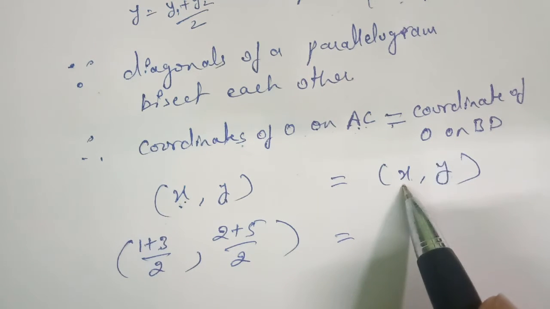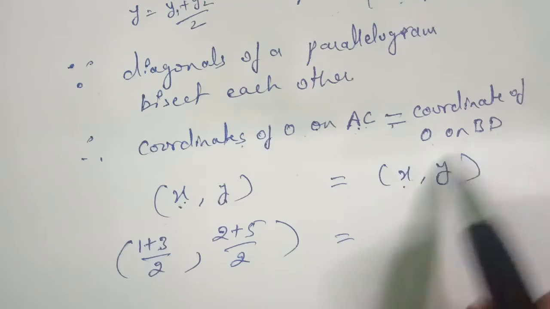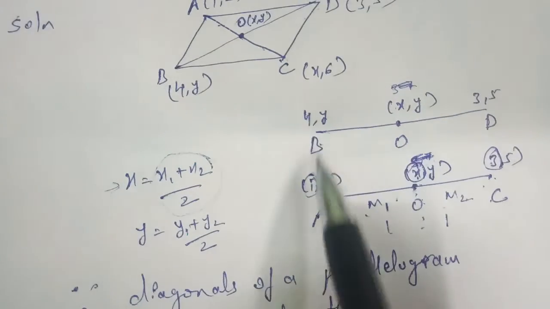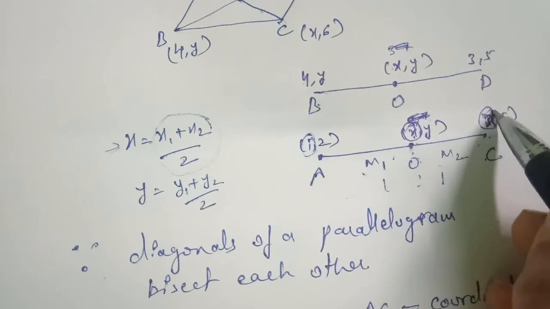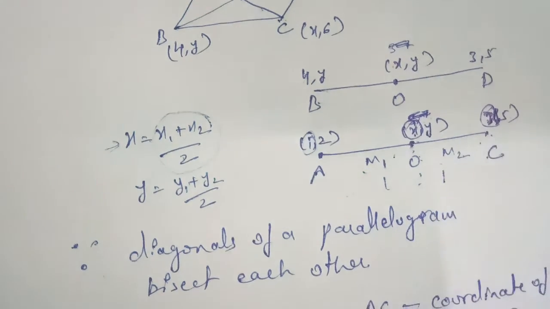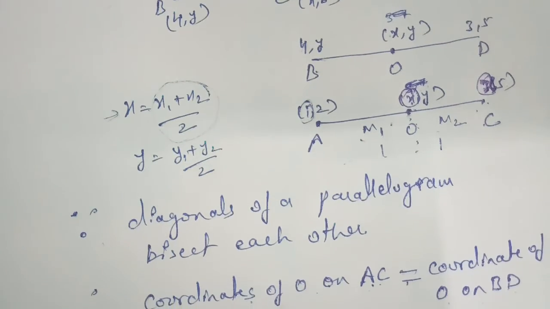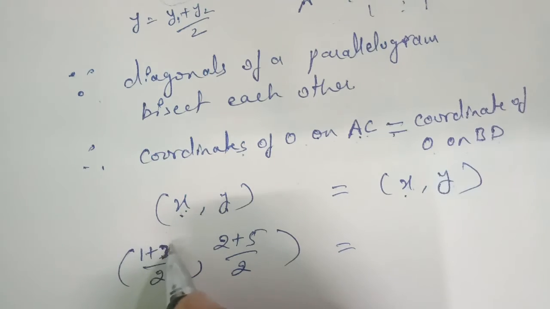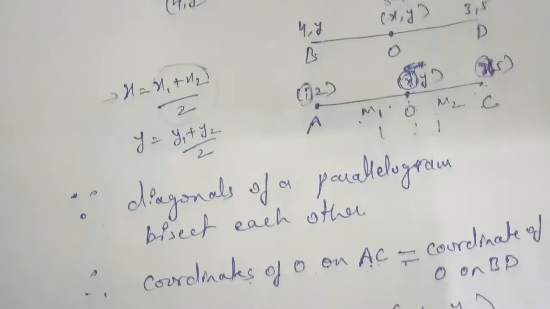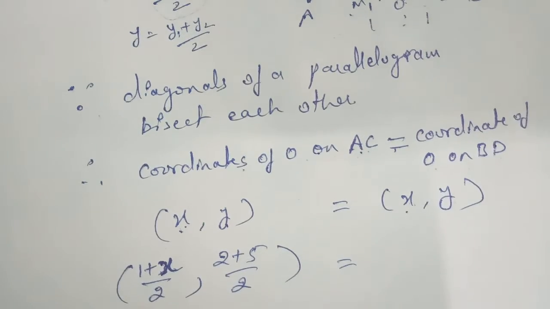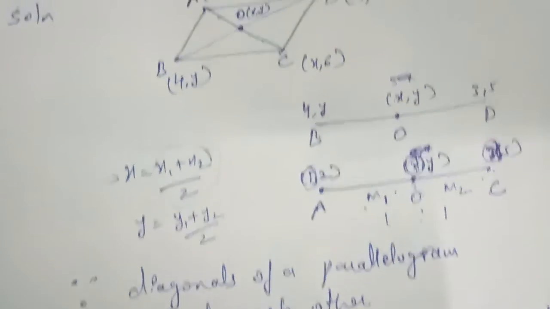The same way we find the coordinates of O on BD. First come to the value of x. We add both the x values. Here we have 1 plus x, equal to the coordinate of O on BD.